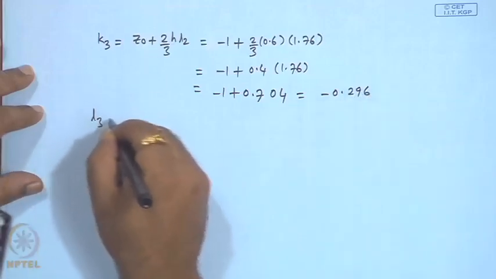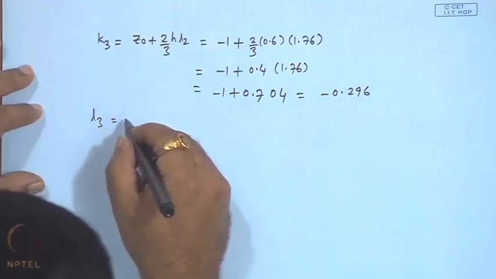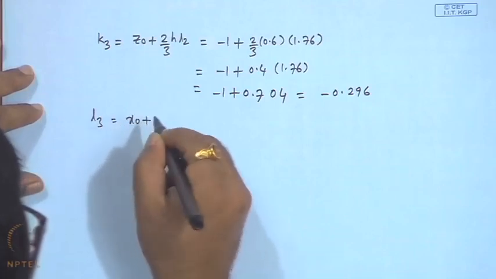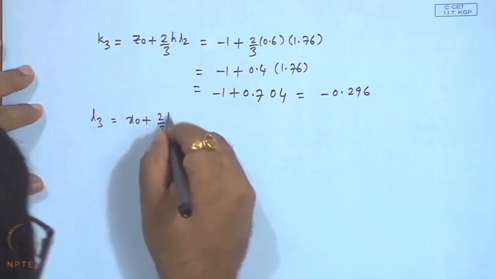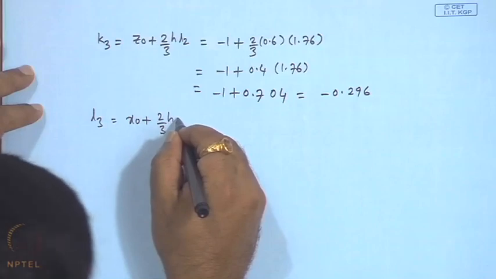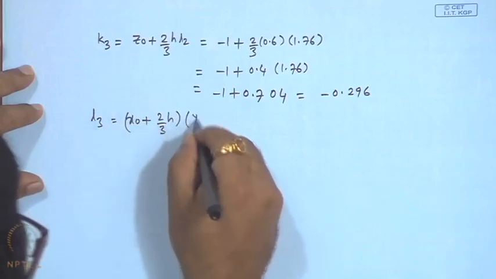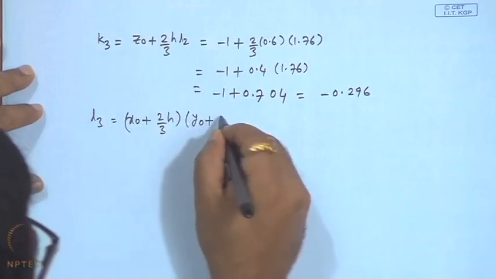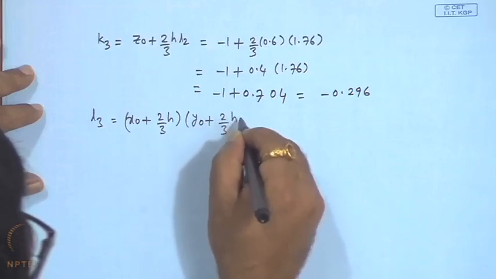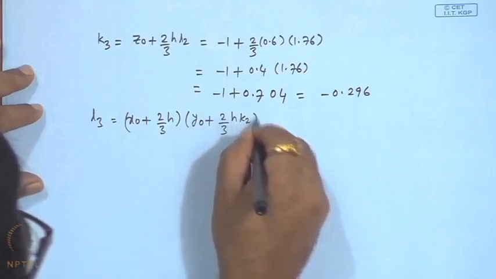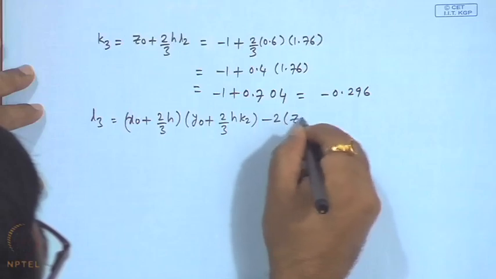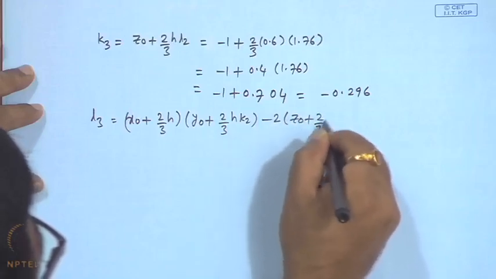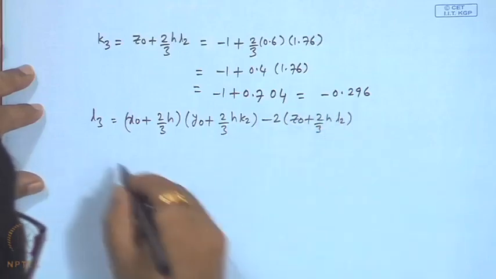Okay. Then L3. So, L3 is a little lengthy: x0 plus 2/3 H, y0 plus 2/3 H K2 minus 2 times Z0 plus 2/3 H L2.